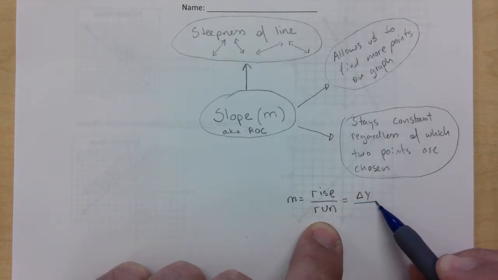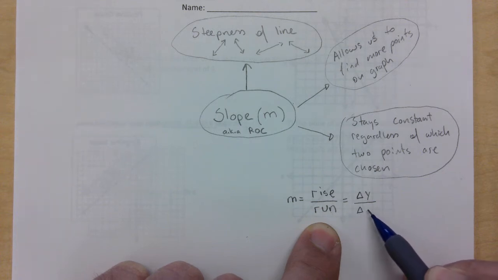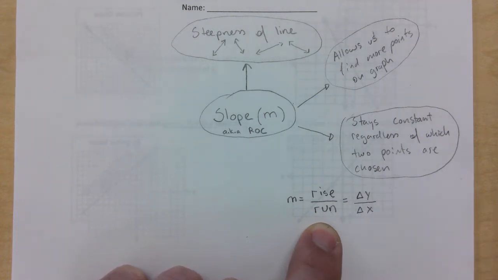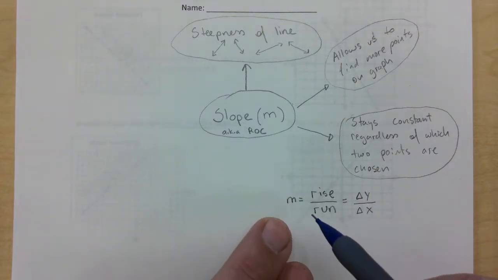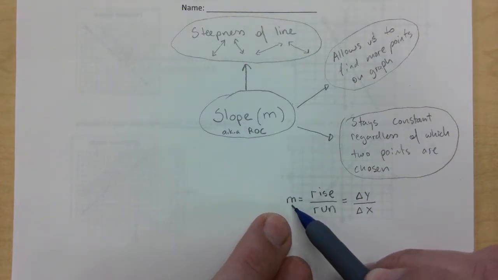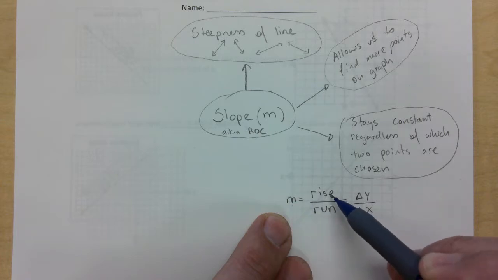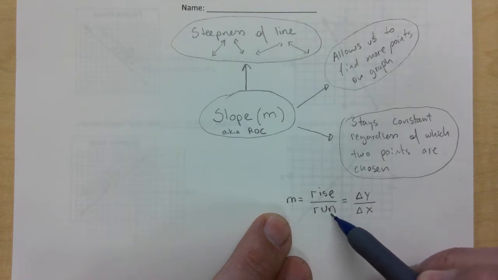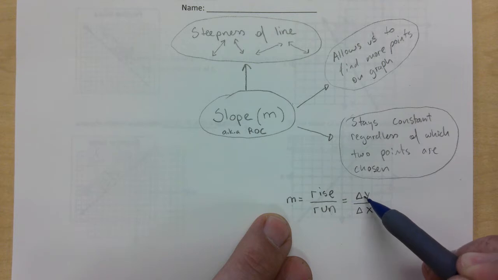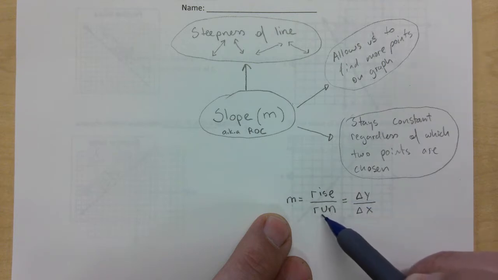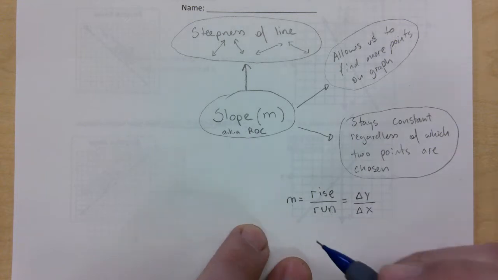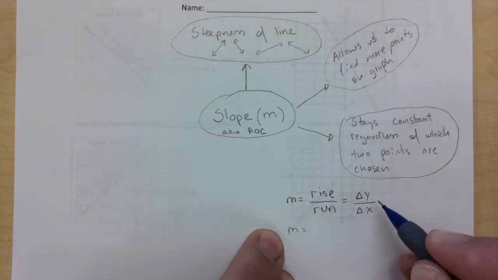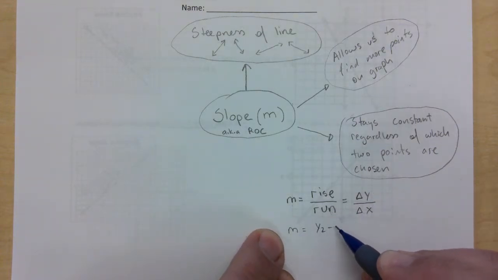It's the change in y, and the run is the horizontal, and that would be your x. So you should know that m is the letter we use for slope, that we will sometimes refer to as the rise, which is the difference in y, over the run, which is the difference in x. And so slope, because of this, ends up being this.